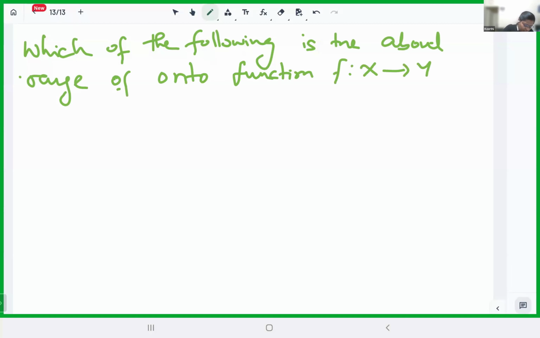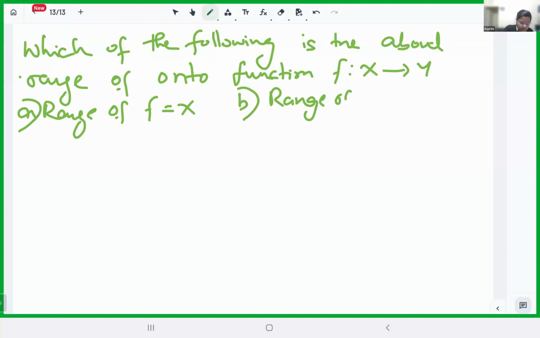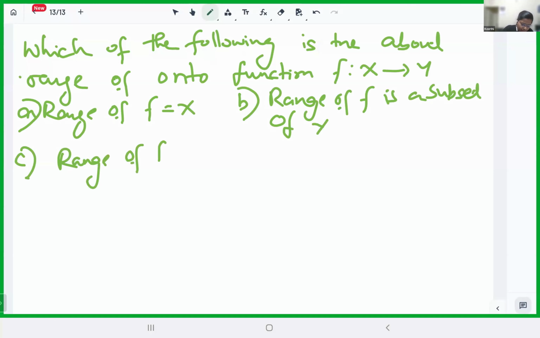A: range of f is equal to X. B: range of f is a subset of X. Third option: range of f is equal to Y. And the last option is none of these. So they are asking about the basic property of an onto function. F from X to Y is a function, and it is an onto function.